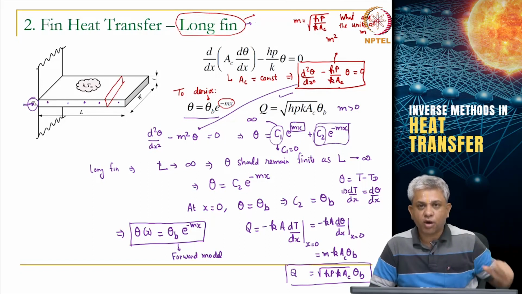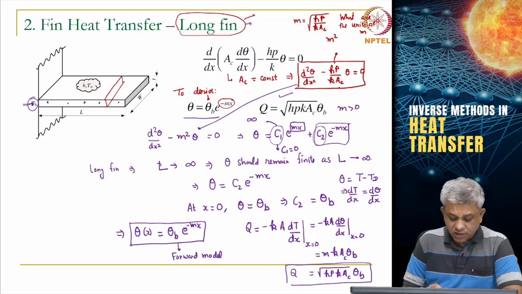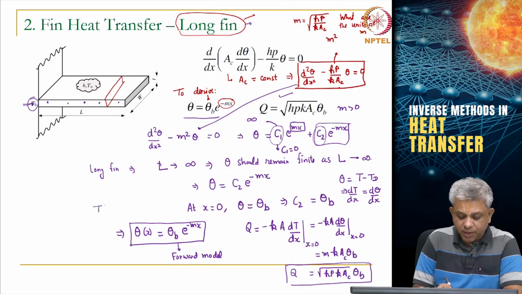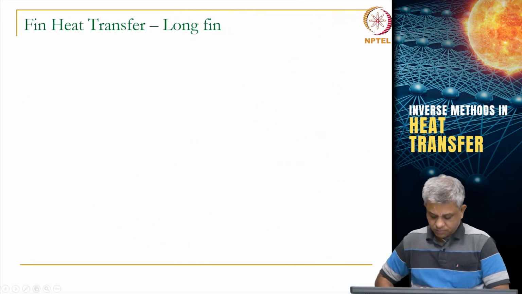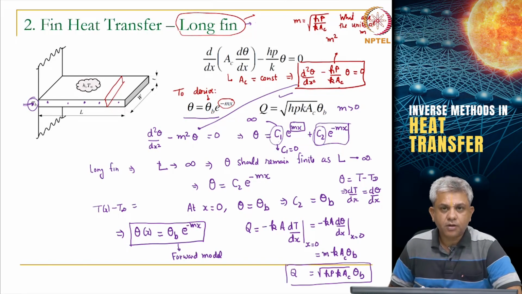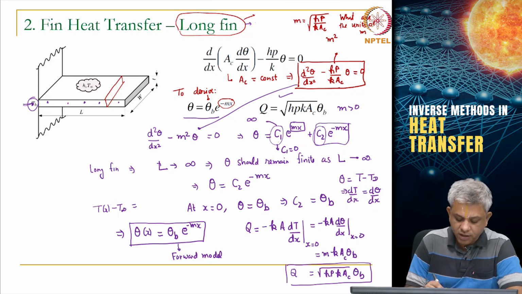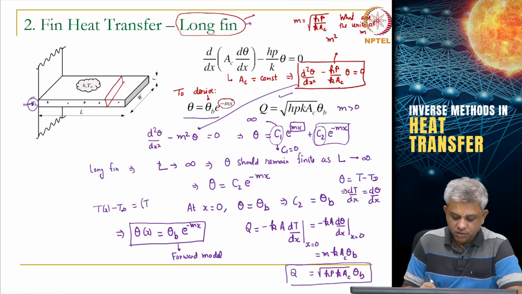We will do a slightly more complex problem than this one, but I am just giving you an example of how this can be used. Incidentally, this is just theta. Remember always that the temperature itself is given by T(x) minus T infinity equal to T_b minus T infinity times e to the power minus mx.